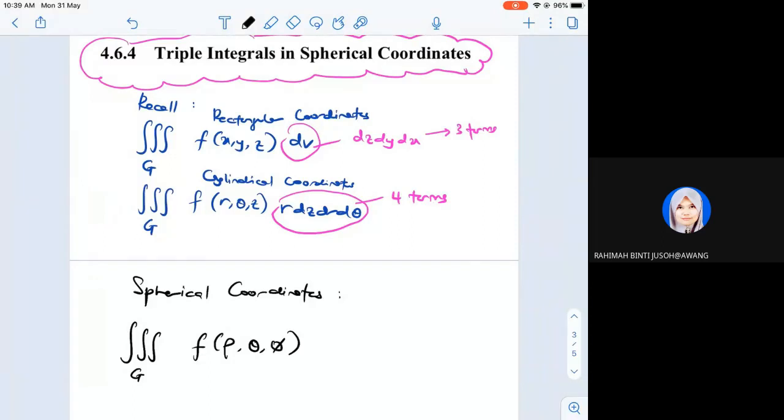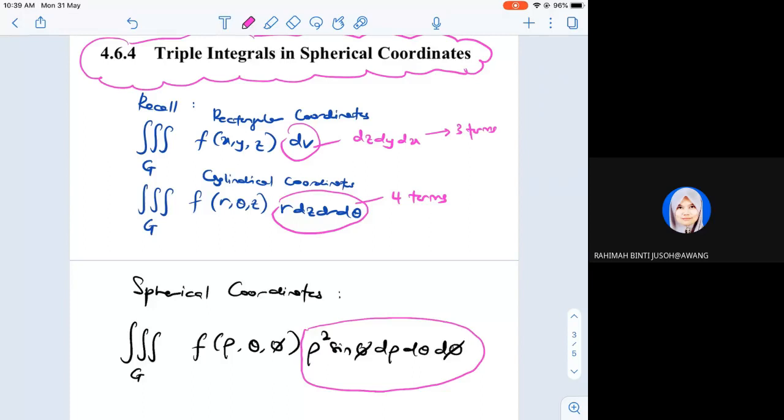And then dV dalam spherical, we will have 5 terms. 5 beradik. We will have rho squared sine phi d rho d theta d phi, like that. So dia ada 5 terms dalam spherical.